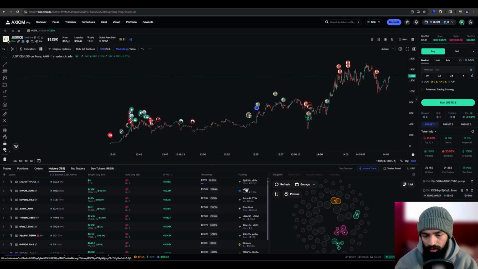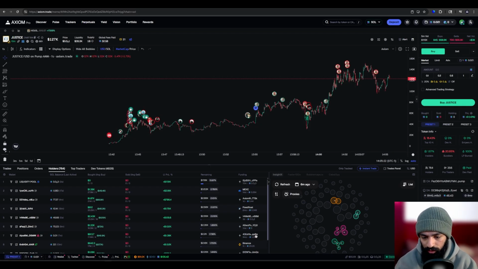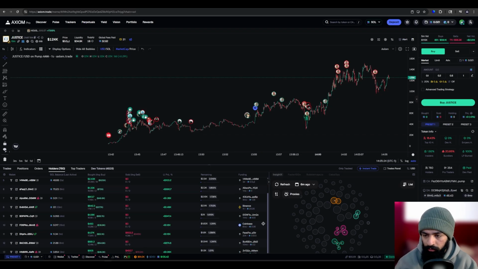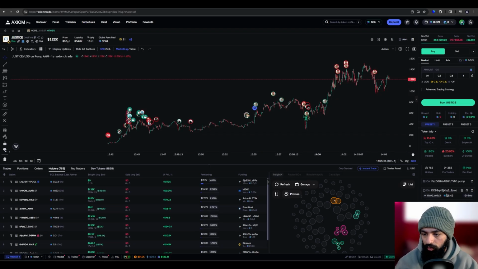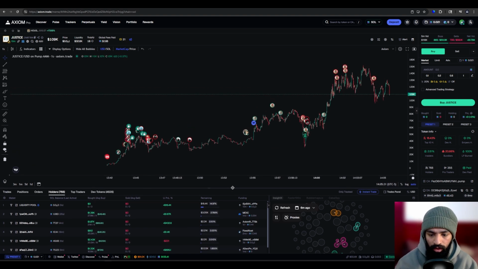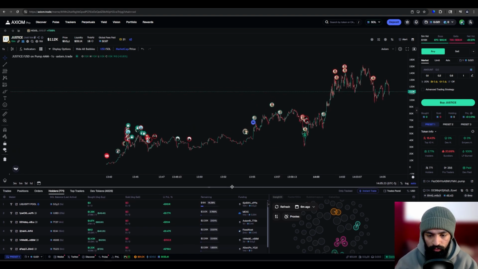And the funding is not fishy as well. They're all different: 1 month, 1 day, 2 months, 3 days, 9 months, 1 hour, right? It's very different, which is usually a good sign, because not everyone funds their wallet. You won't see 10 people funding their wallets just an hour ago, right?